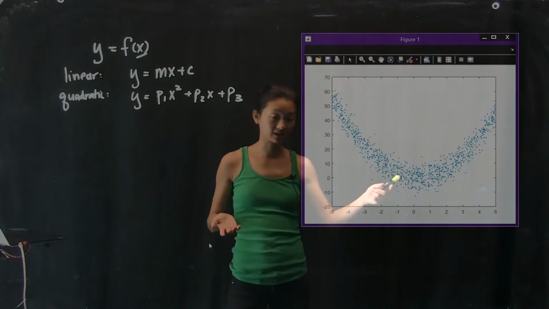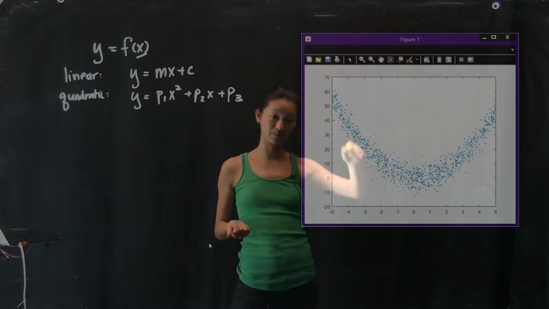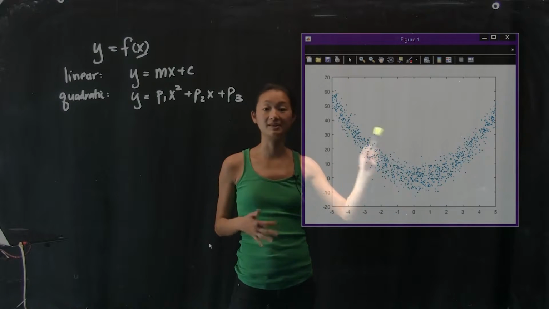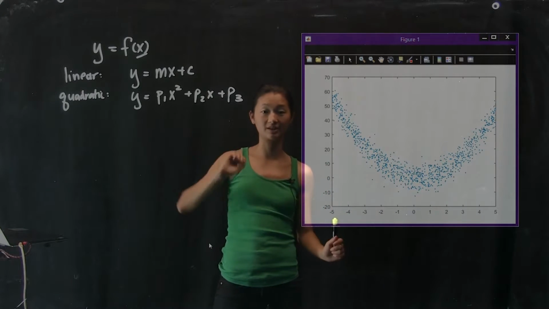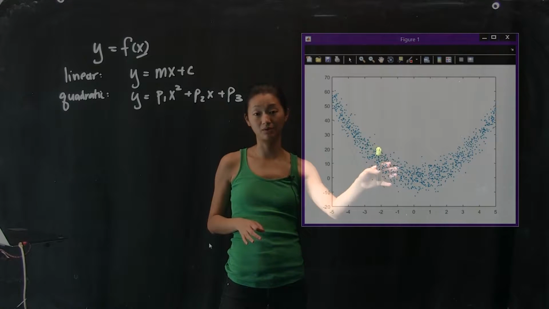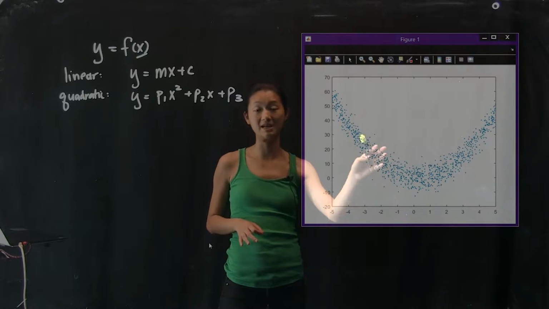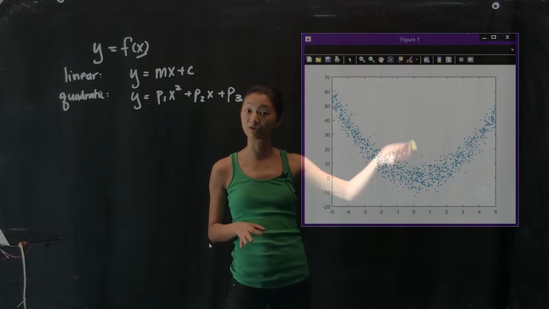In this particular case, we see an interesting shape, a bowl shape. If you see data that looks like this, it might be a good candidate for trying quadratic regression, whether the shape is a bowl or an upside down bowl, just like that.